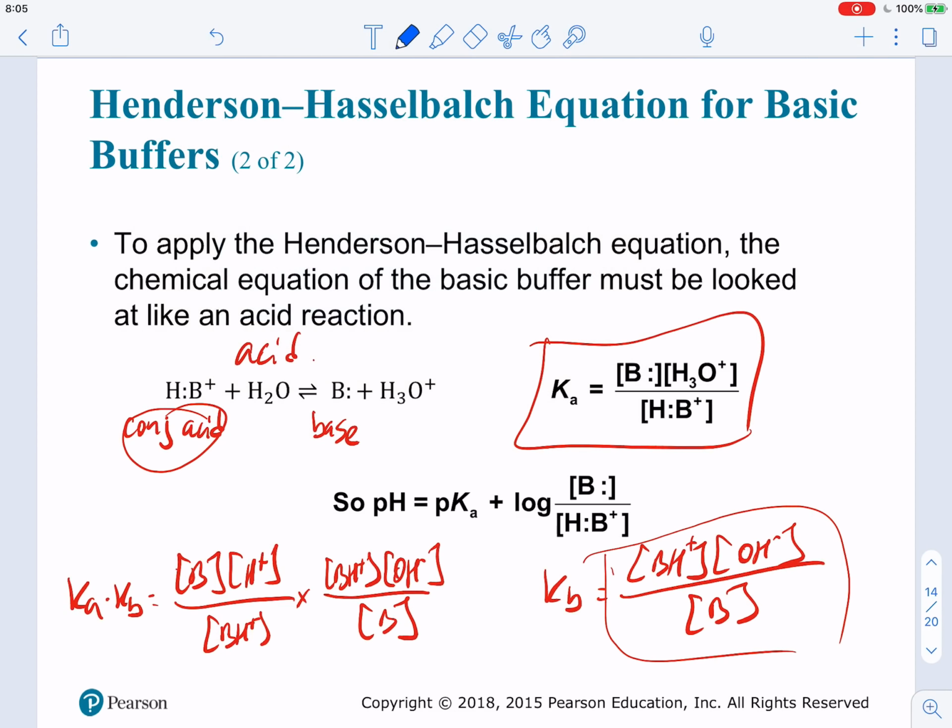And here what happens, these cancel with this, this cancels with this, and then you are left with the product of H plus times OH minus. And what is that?